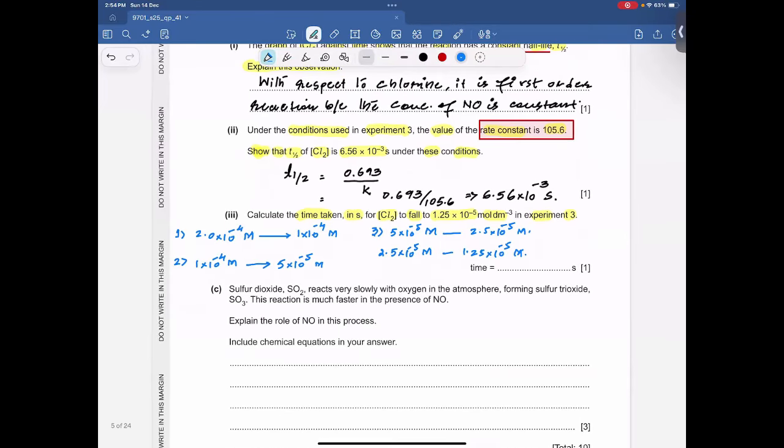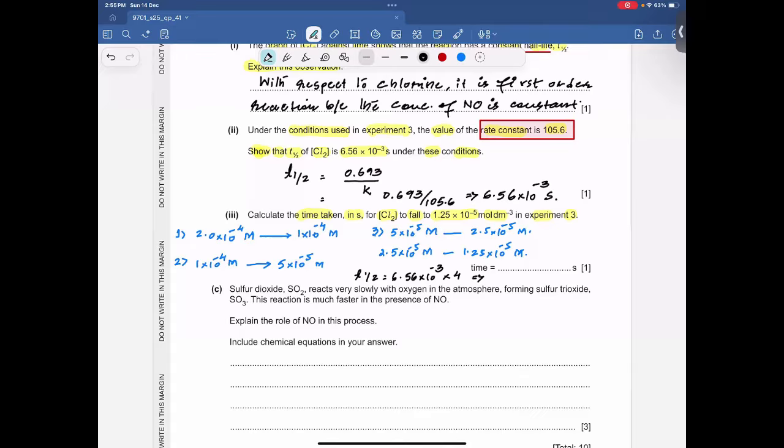So for half-life, the value is 6.56 into 10 to the power minus 3. I'm going to multiply this value by 4 because the concentration is halved 4 times. So it's going to be how much? 6.56 exponent minus 3 into 4.